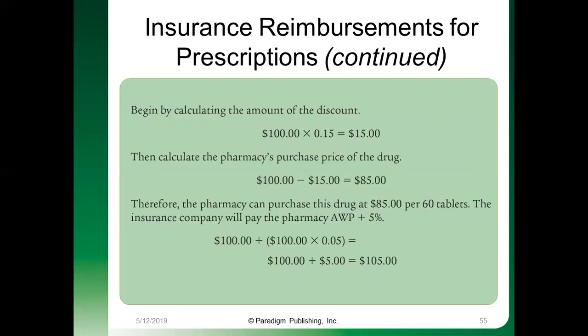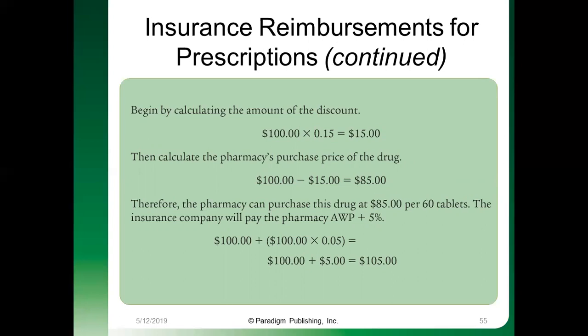So first of all, you have to calculate the discount. So 100 times 15% is equal to $15. So calculate the pharmacy's purchase price of the drug. So 100 minus the 15 gives you $85. Therefore, the pharmacy can purchase this drug at $85 for 60 tablets.